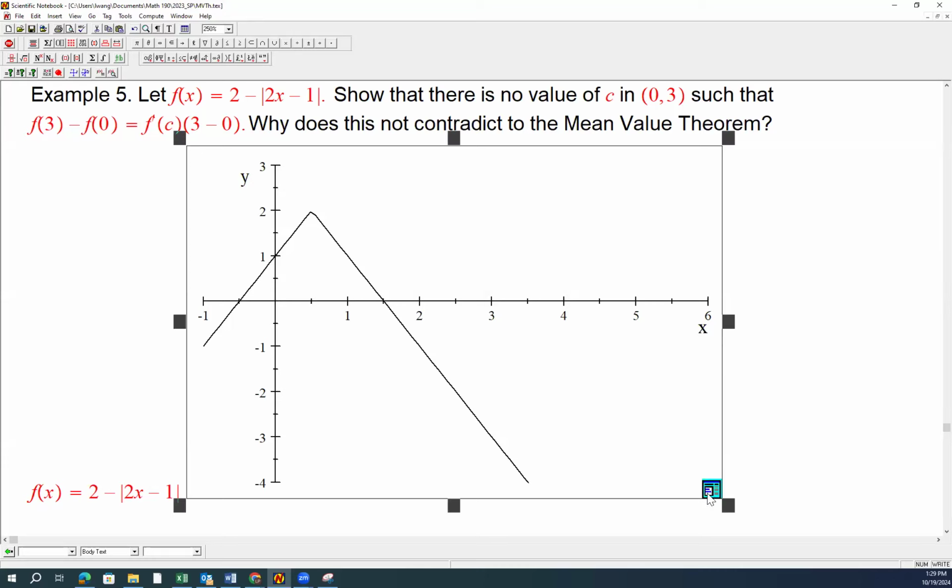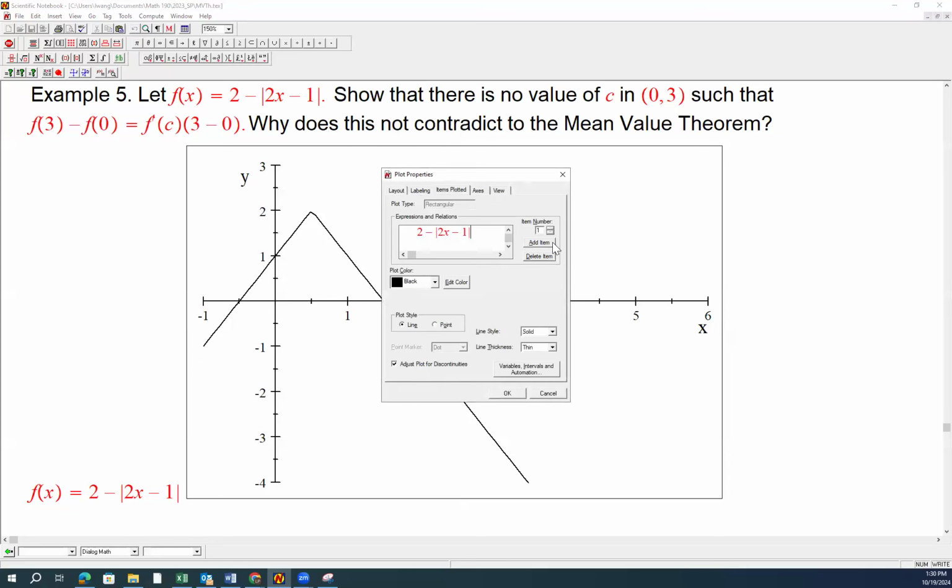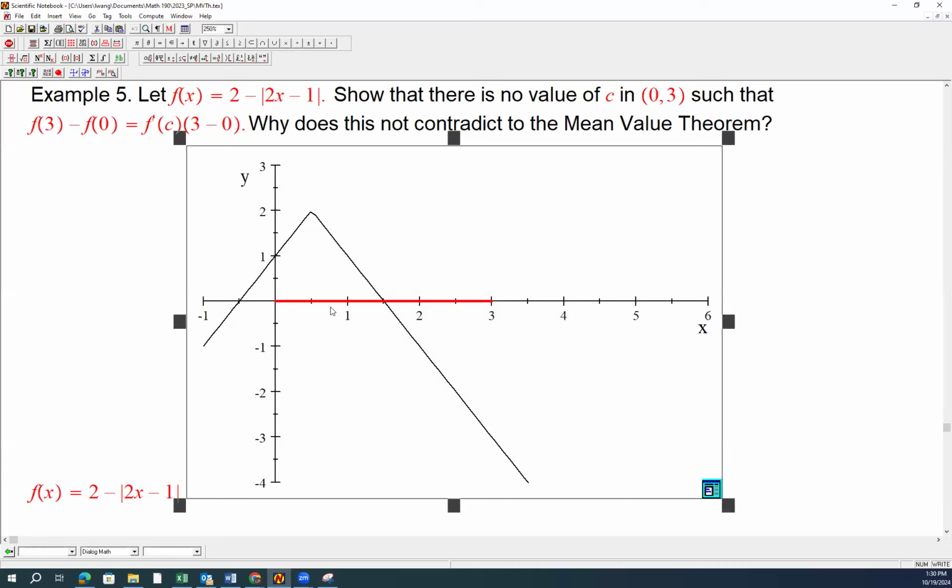Between 0 to 3, so let me draw that so I don't make mistakes. So on this interval, you can see differentiability is not satisfied. And therefore, we cannot expect the conclusion of mean value theorem would apply.